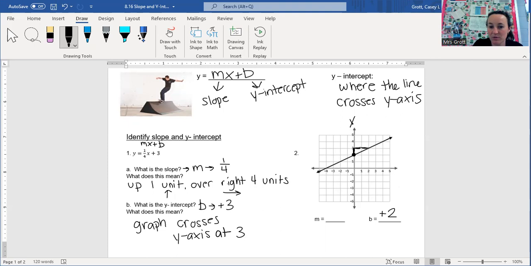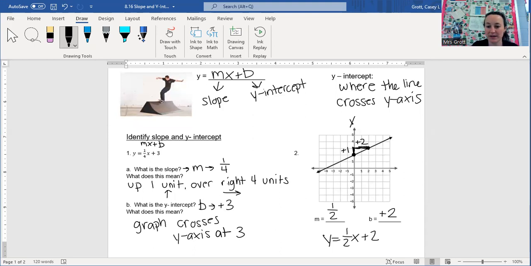So I'm going to go over 1 more box. Hey, I can put a point here. My line is going directly through the corner of a box. So I went up 1 box, and then I went over 2 boxes to the right. My slope is going to be 1/2. Putting all of that together then, y equals 1/2 x plus 2 is going to be my final equation.